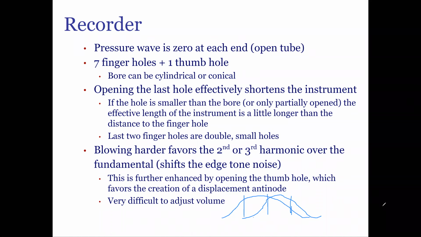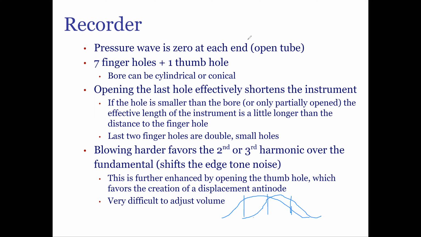You've shifted that noise spectrum way, way up. And this is why recorders tend to squeak. You can open the thumb hole at the back end, which is near the mouthpiece, and create a displacement antinode there and actually cause that to be a little bit more prominent.